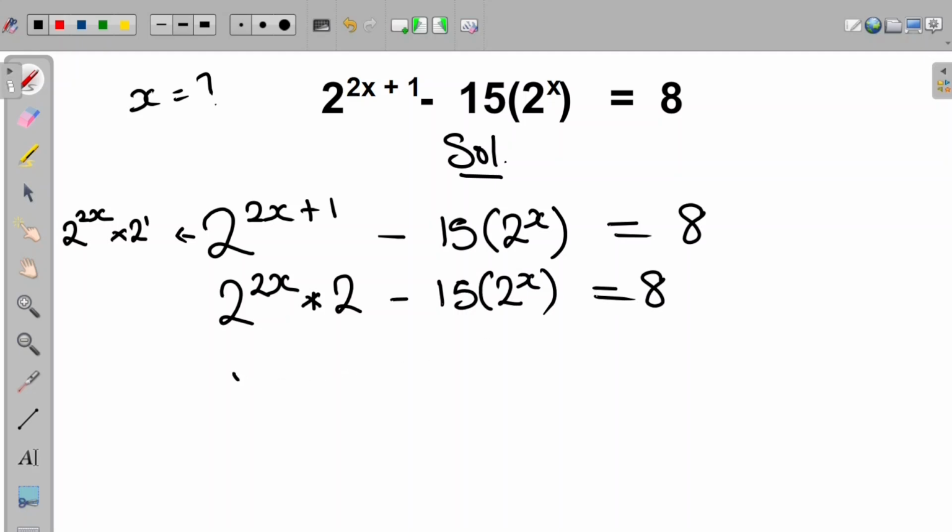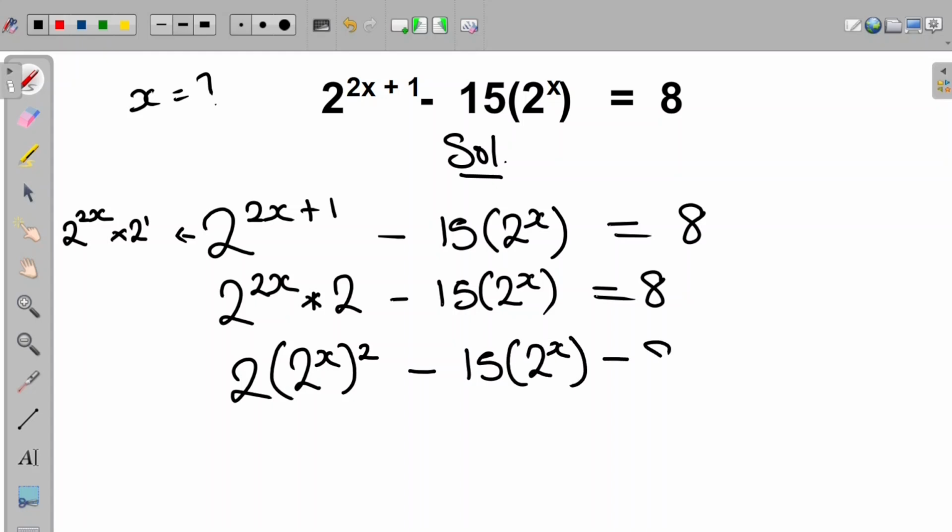Now this becomes 2 multiplied by 2 raised to the power of x all raised to the power of 2, minus 15 multiplied by 2 raised to the power of x, minus 8 equal to 0.